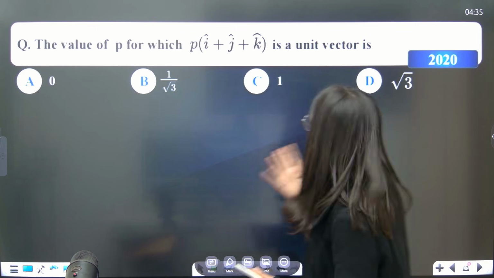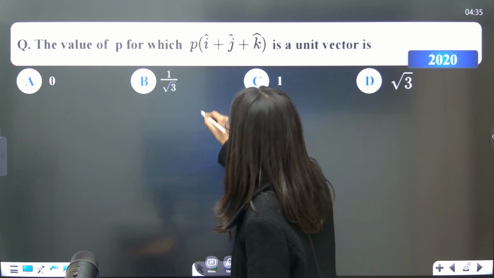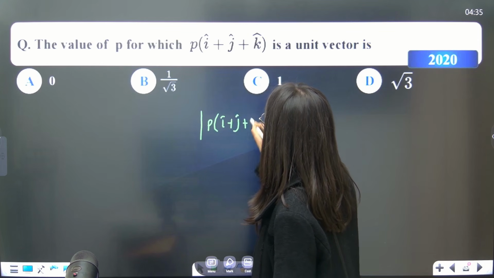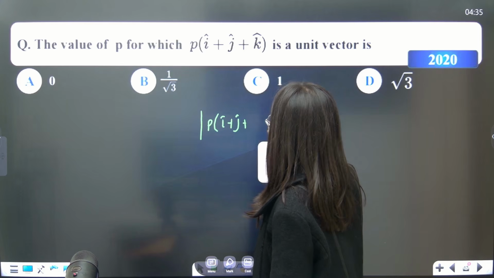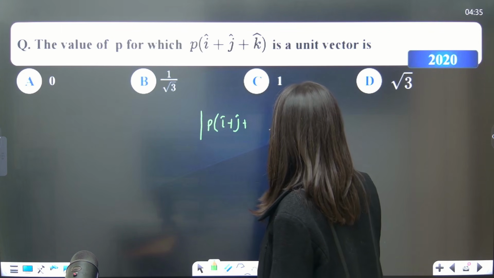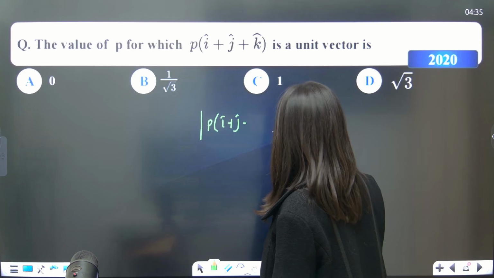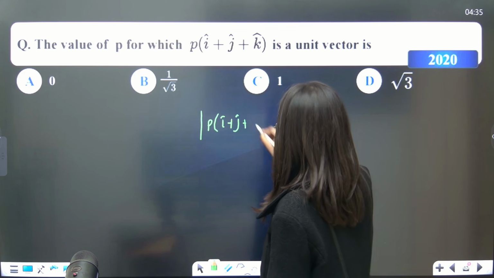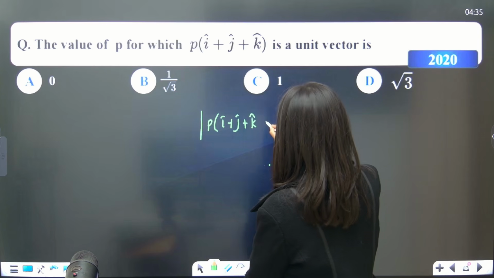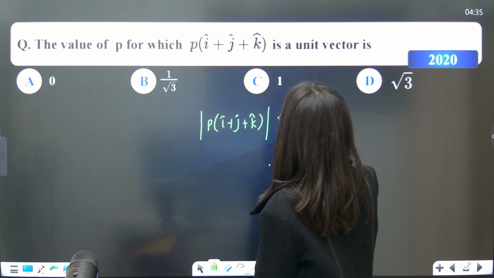Find the value of P such that P I cap plus J cap plus K cap is a unit vector. So that means the magnitude of P times (I cap plus J cap plus K cap) is equal to 1.